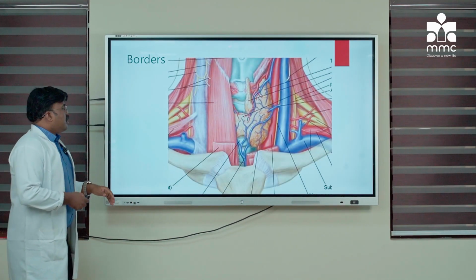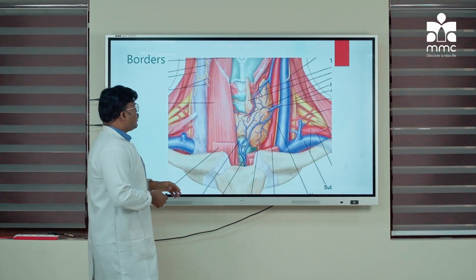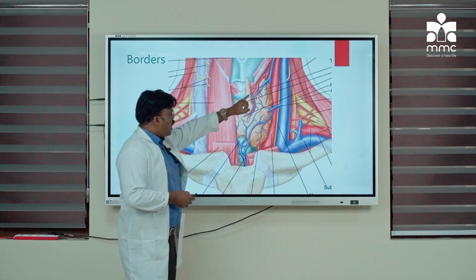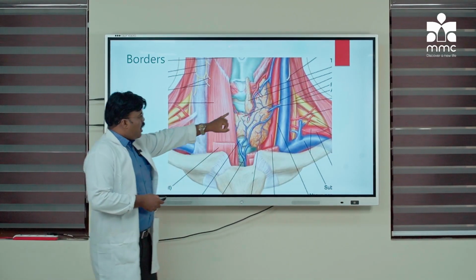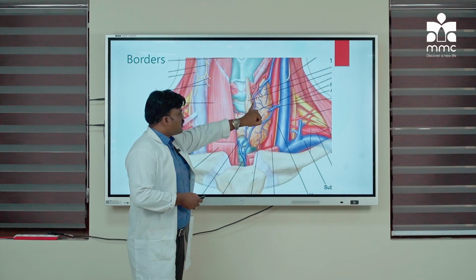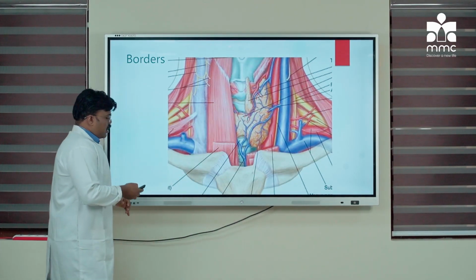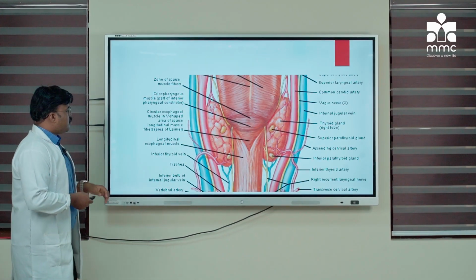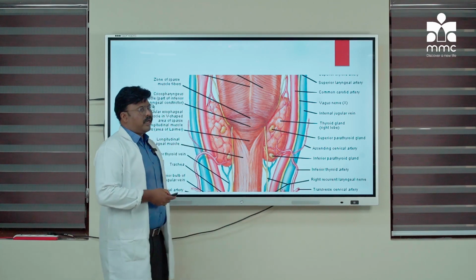Okay. And borders: if you take the lobe, you will get two borders, an anterior border and a posterior border. The anterior border is related to the vessels, that is, the anterior branch of the superior thyroid vessels, and the posterior border is related to an important structure, the parathyroid glands.